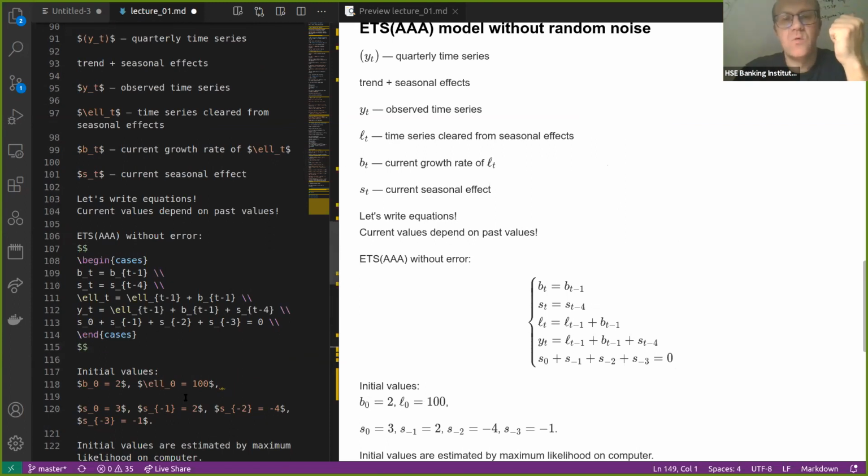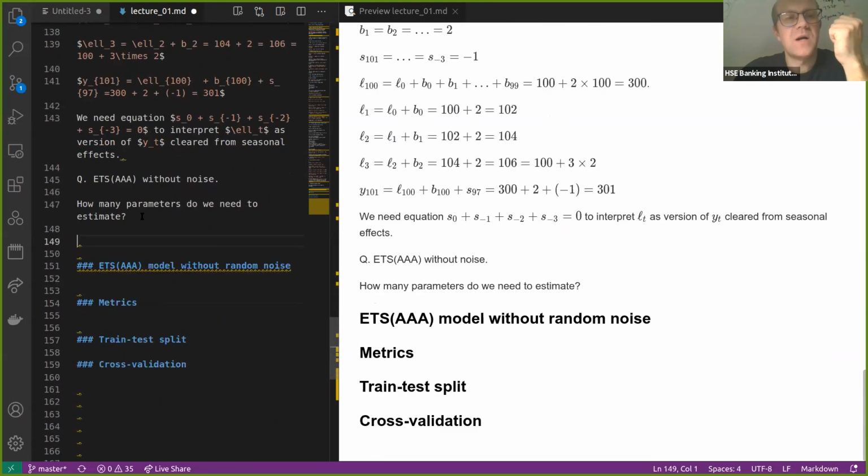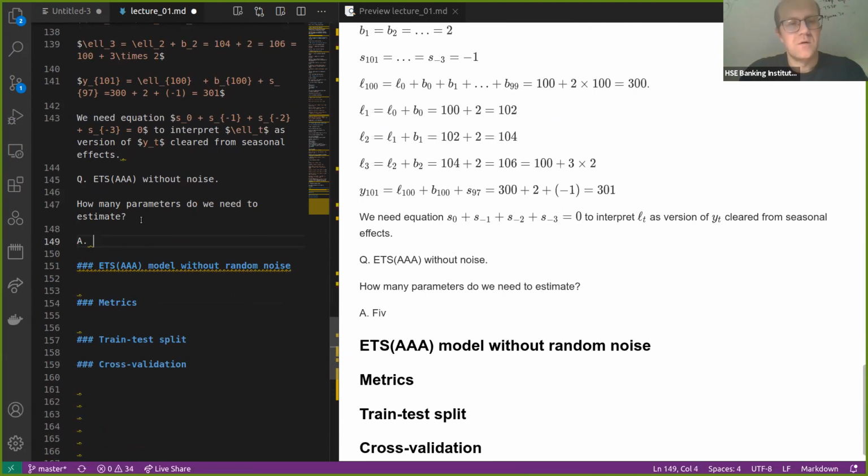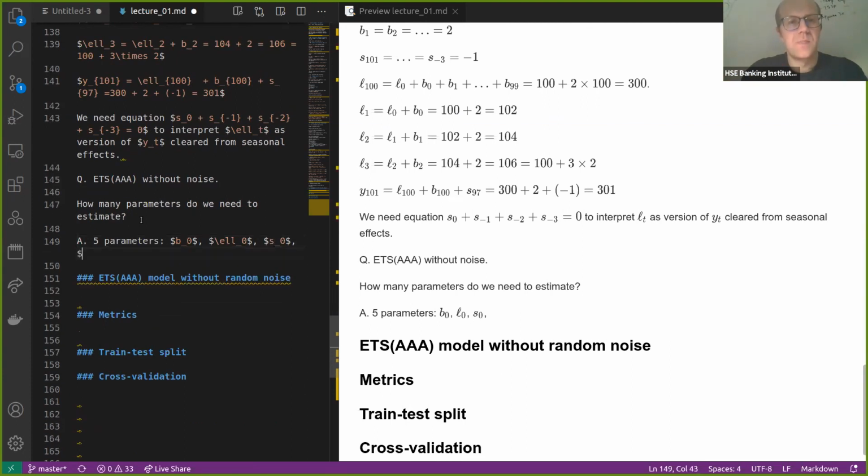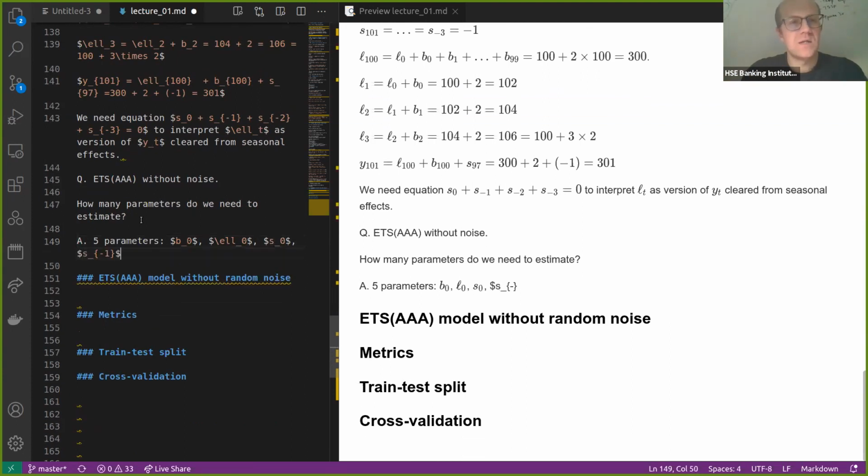So basically, we need 5 parameters to estimate. They are B0, L0, S0, S-1, and S-2.